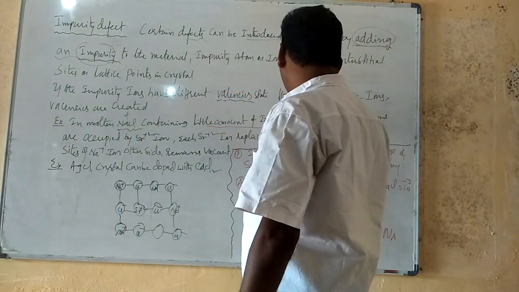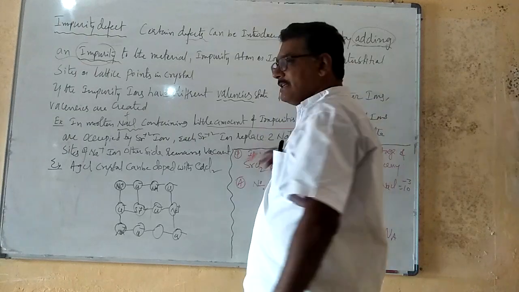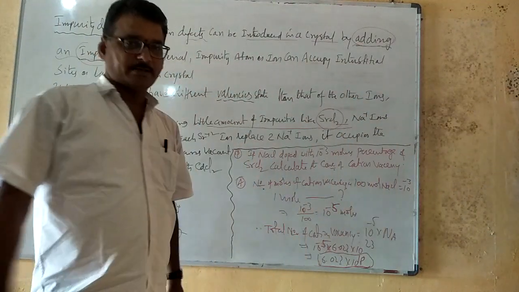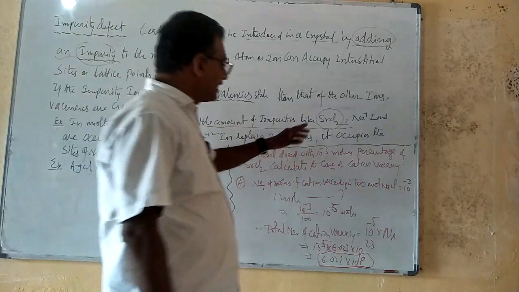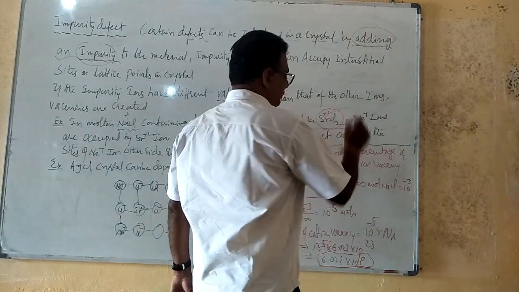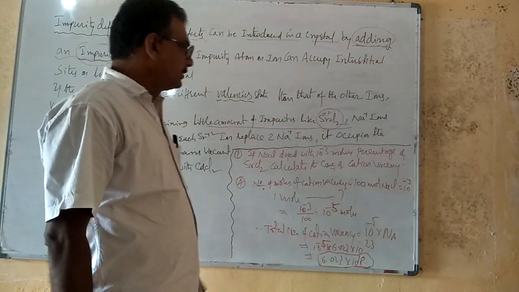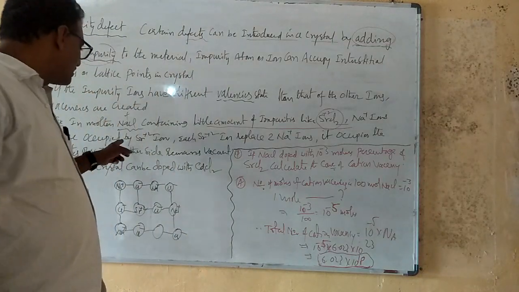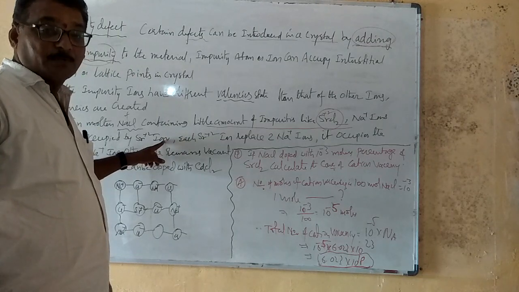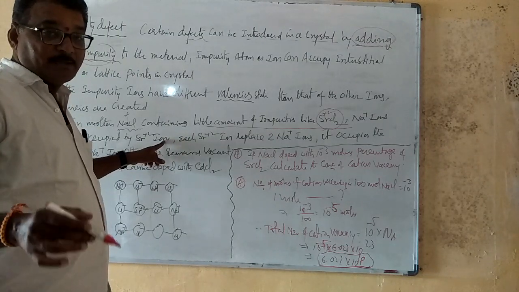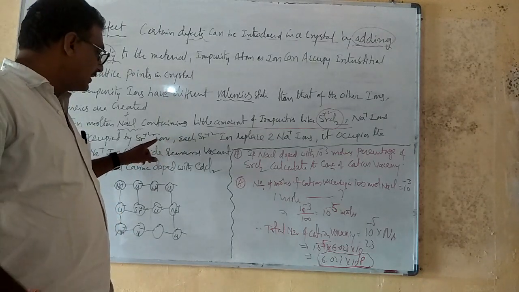It contains a little amount of impurity like SrCl2, strontium chloride. The oxidation state of strontium is plus 2. The Na plus ions are replaced by Sr plus 2 ions, because the impurity is strontium chloride.